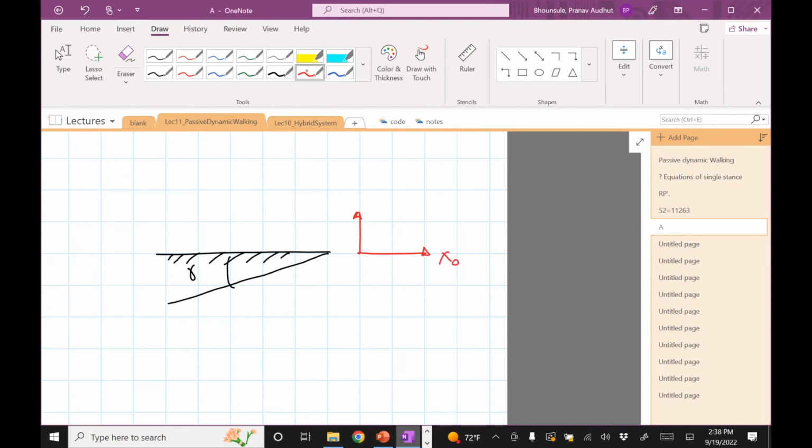Remember, my world frame is along the ramp. This is the ramp. But I need to keep track of the frame which is attached to gravity. So let's say that's the gravity frame, xg, yg, and gravity is along this.